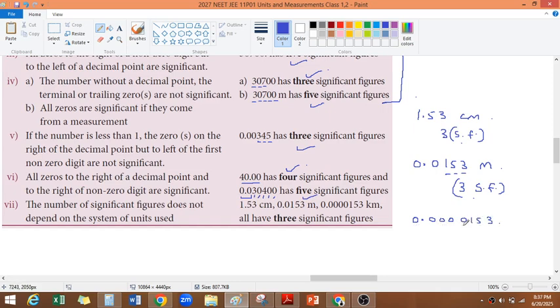Again I will not consider the zeros, only these numbers, which means it is 3 significant figures.